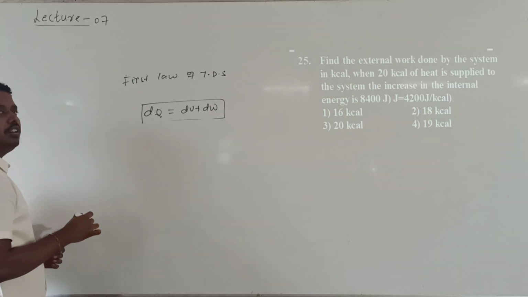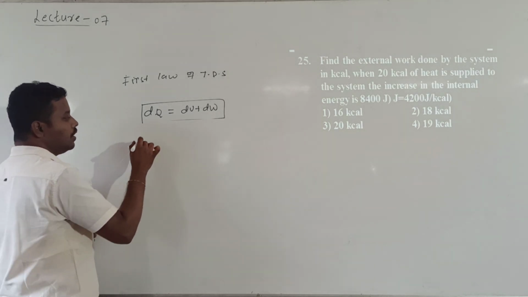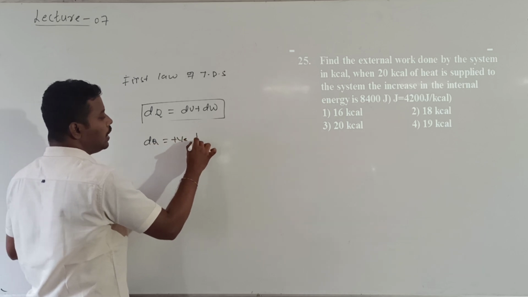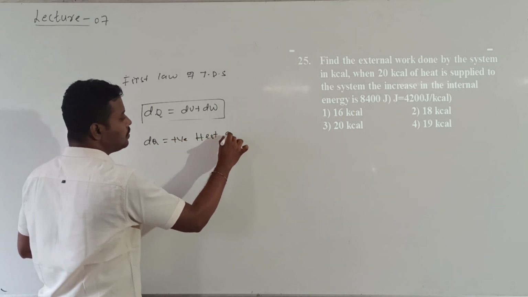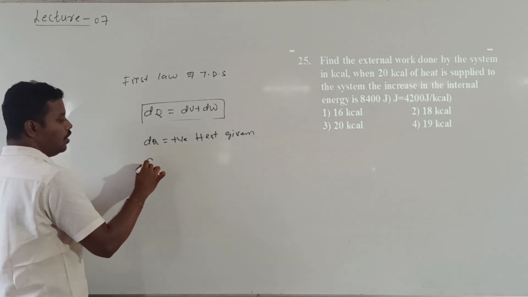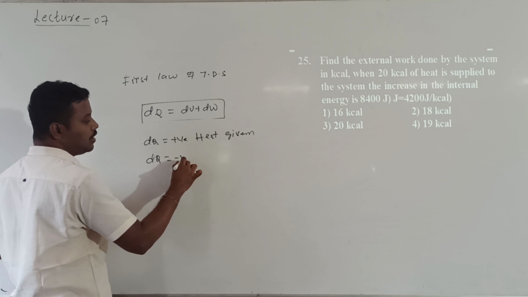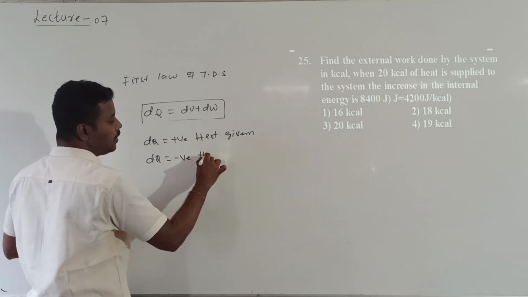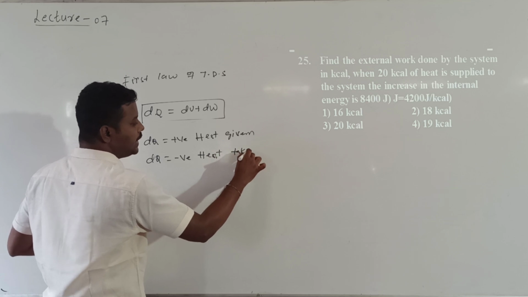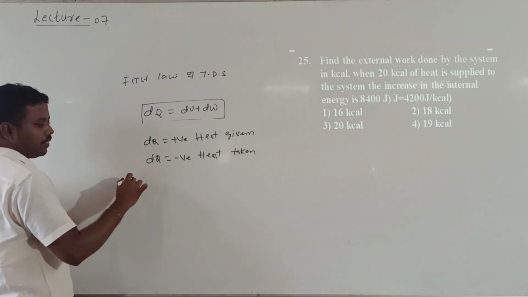So dQ is equal to dU plus dW. dQ is positive whenever heat is given to a system, and whenever heat is taken from the system or ejected out by the system, dQ is negative.